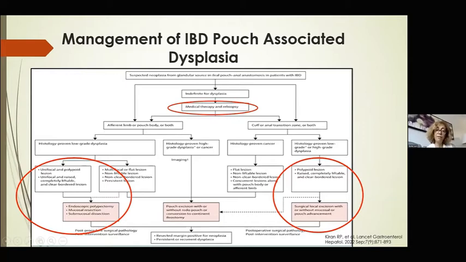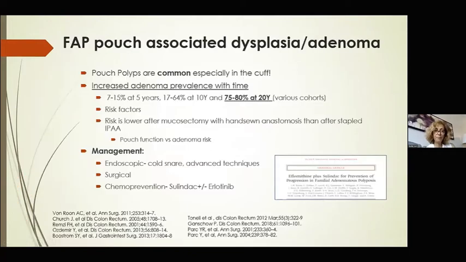But if we have similar polypoid liftable lesions in the cuff, the Pouch Consortium has advocated surgical local excision of these lesions, as opposed to the flat ones that go straight to surgery. I dare say that this subgroup may change in the next few years once we have more ability and expertise in advanced endoscopic resections.